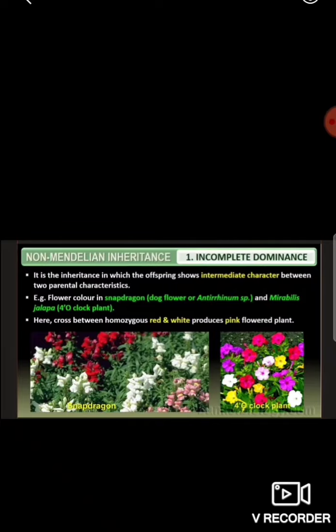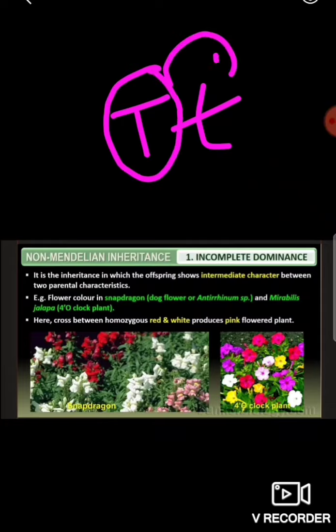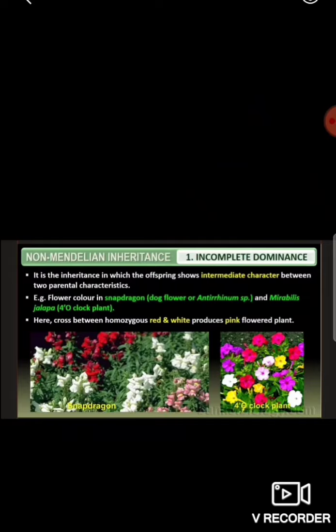First we will see what incomplete dominance is. As I told you, in Mendelian inheritance the dominant allele is completely dominant over the recessive allele, meaning it never lets the recessive allele express.